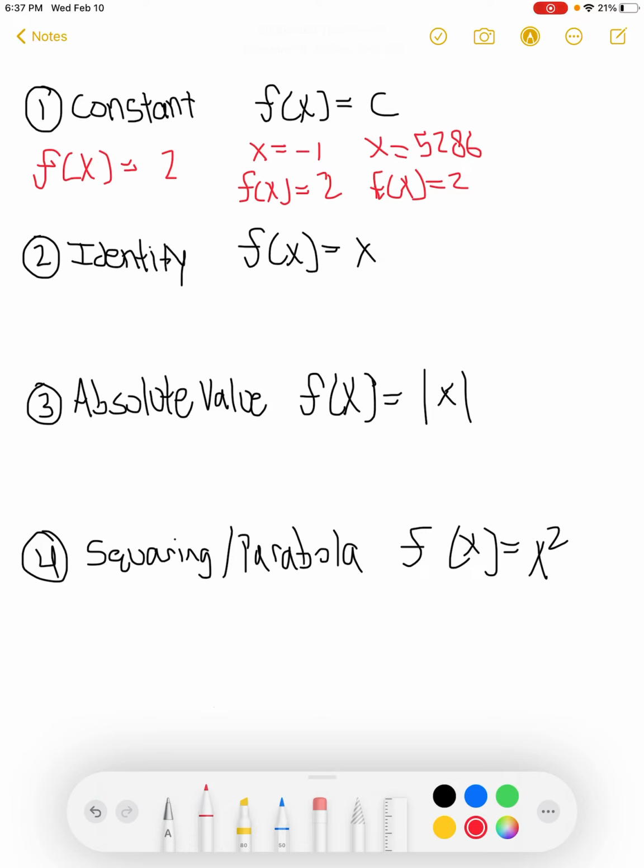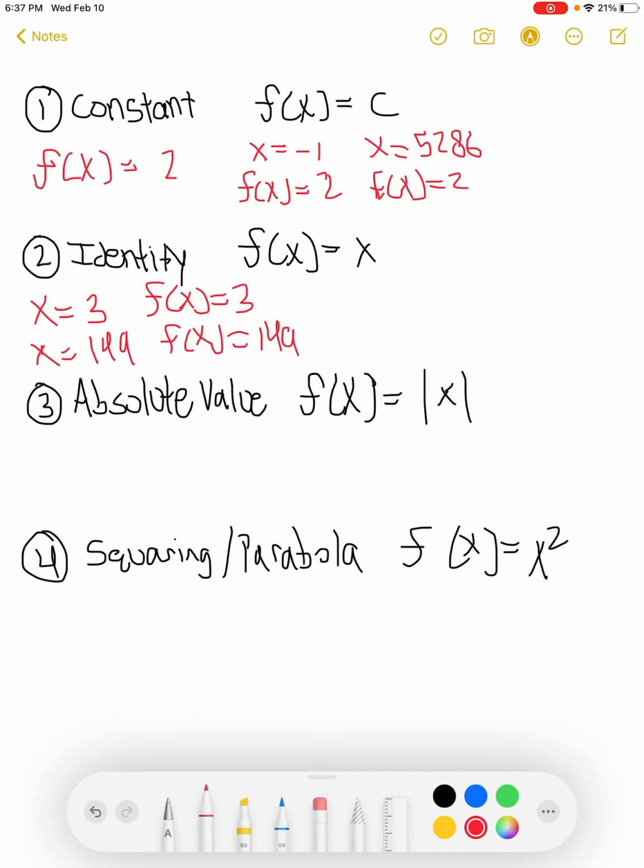So let's say that x is 3. Then f(x) is going to be 3 also. If x is 149, f(x) is 149. So that happens the whole way.